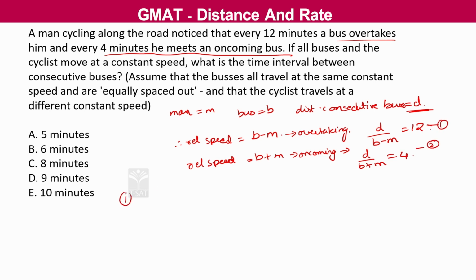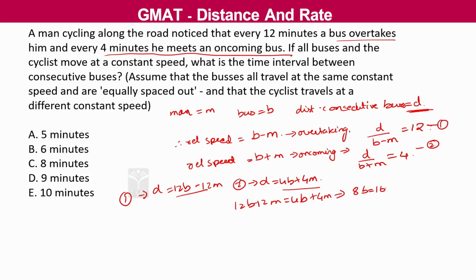From equation number 1, we can say d is equal to 12b minus 12m, and from equation number 2, we can say d is equal to 4b plus 4m. Equating these two, since they are both equal to d, you will have 12b minus 12m equal to 4b plus 4m, which means that 8b is equal to 16m, which means that b is equal to 2 times m.